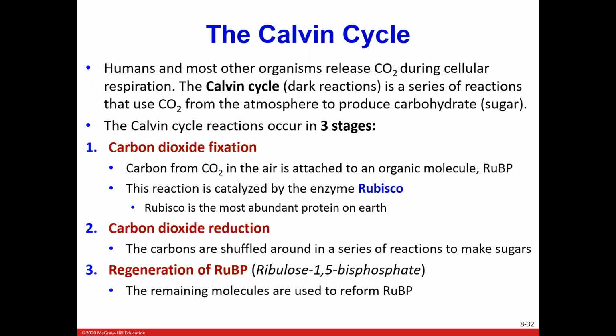We can just call it RuBP if we want. We're going to regenerate that molecule because the carbon dioxide is going to be attached to this organic molecule, RuBP, which again is a 5-carbon organic molecule with 2 phosphates. Then for each cycle of the Calvin cycle, we're going to get a little bit of product, which we're going to use to make sugars. Okay, so we'll go through it now.